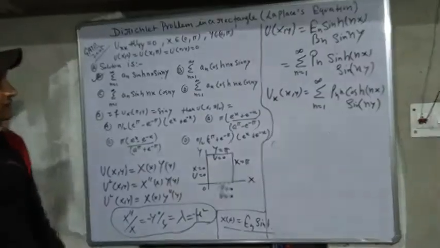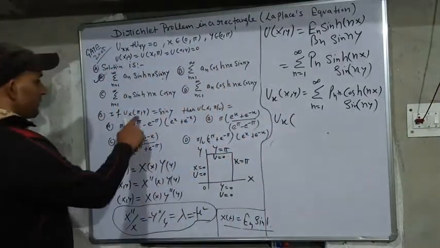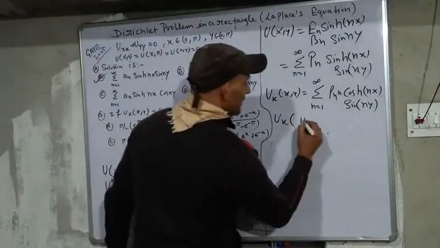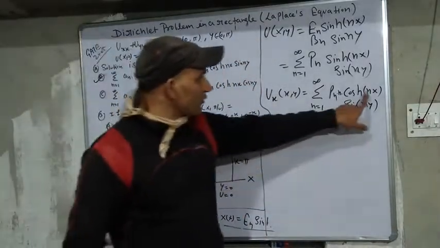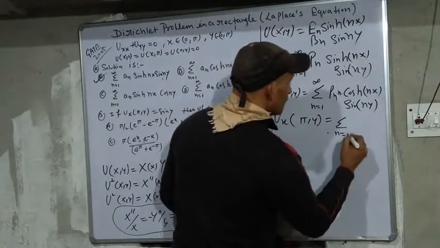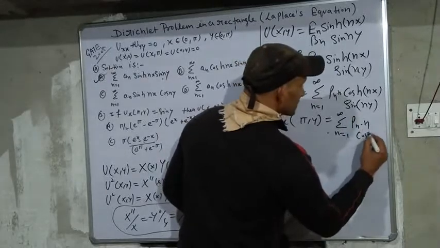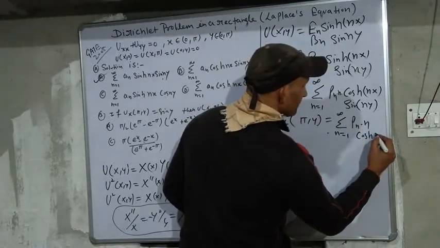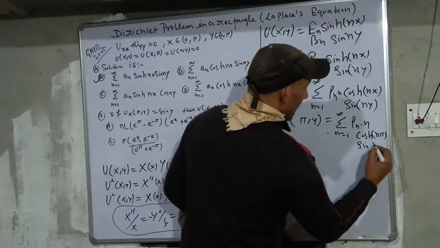So you have to write ux of pi y. In place of x you have to write pi. So this is sigma n is equal to 1 to infinity pn into n cos hyperbolic n pi and sine ny.